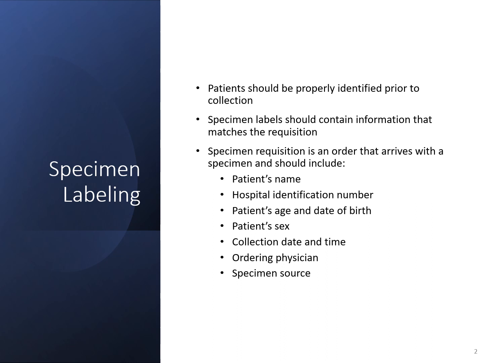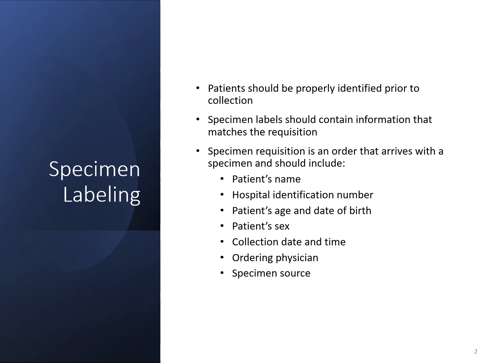However, most places have gone towards barcoded labels, so most of that information will print on it rather than being handwritten on that specimen. Things that will come on the requisition will be things like the patient's name, the identification number, the patient's date of birth. Sometimes it will also include the age, the sex of the patient, the collection date and time, the ordering physician, and where the specimen source is.